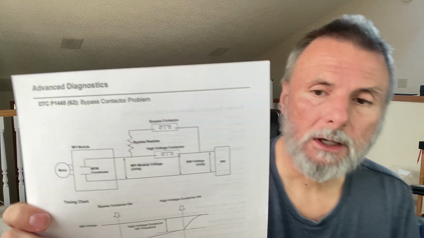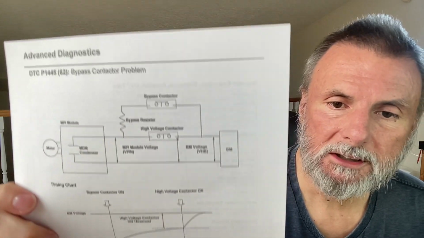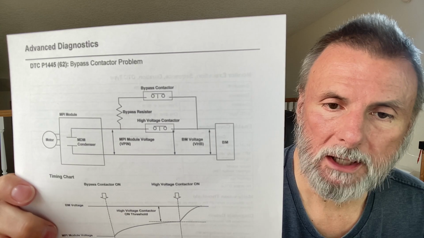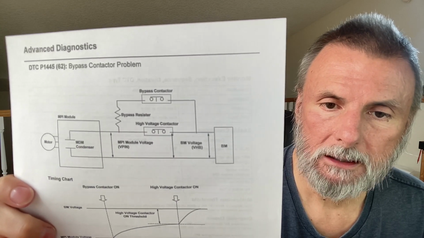So I've gone through and I've identified the DTCs, diagnostic trouble codes, that are associated with the blink codes. The one that was on the IMA blinking code was 62, and that was this one here, DTC P1445.